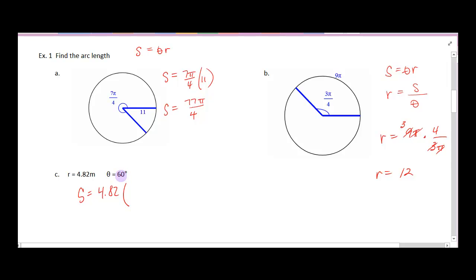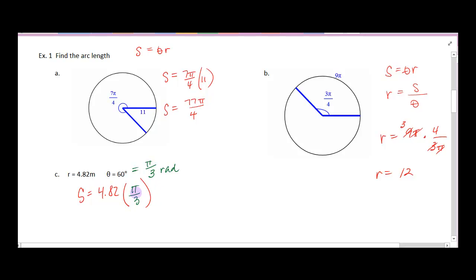And theta, now remember, theta is being given in degrees, so I need to make sure that I change this to the proper radian measure. So 60 degrees is actually equal to pi over 3 radians. So that's the value that I'm going to substitute in for theta here, pi over 3.